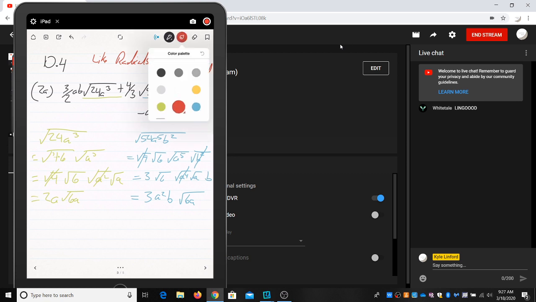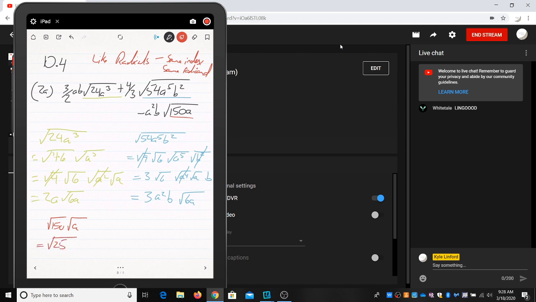Now let me change up into red here, and let me try to break down the square root of 150a. Now the square root of 150, let's see, 5 goes into 150 and 30. Let's see. I'm trying to think of what, well, 25. So let's see, 150 and 25, that should be 6. Yep. 150 can be broken down into the square root of 25 and the square root of 6, and the square root of a.